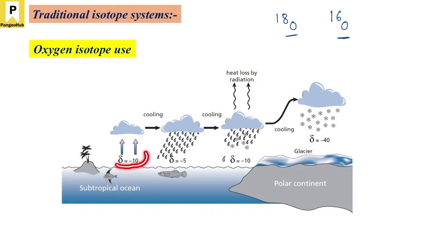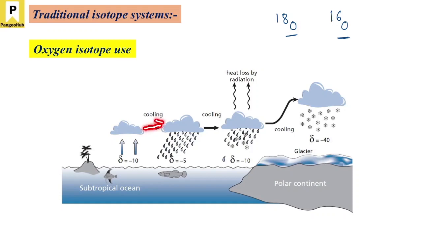That is why this evaporated vapor has a low delta value, because the lighter isotopes are richer, the number of lighter isotopes is more than the heavier ones.